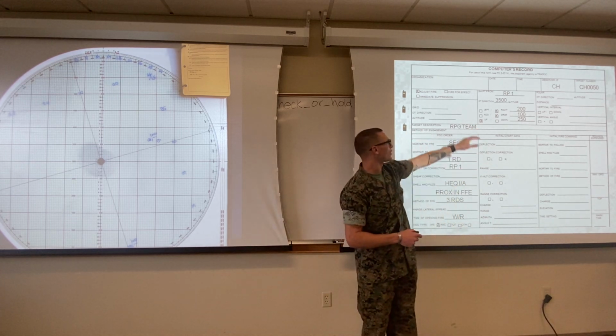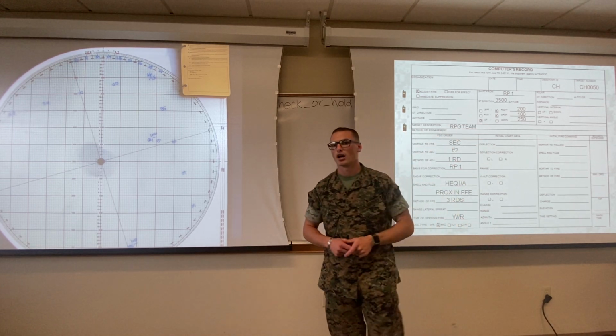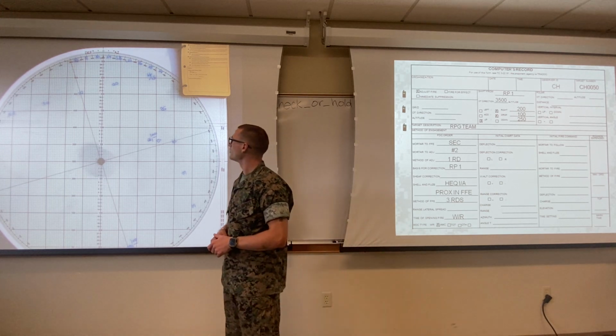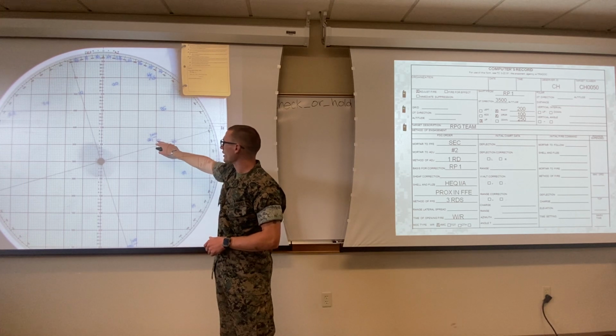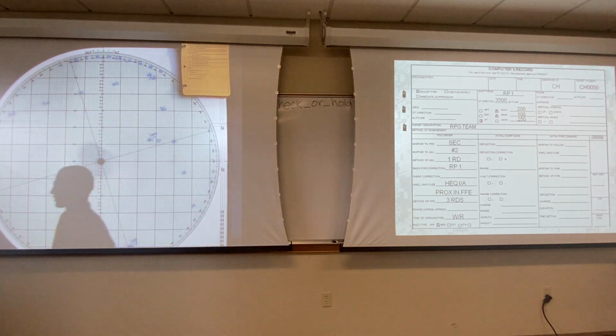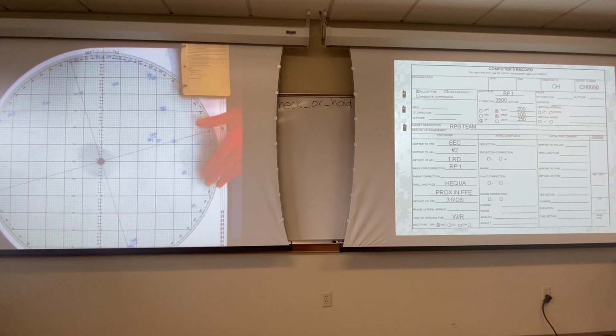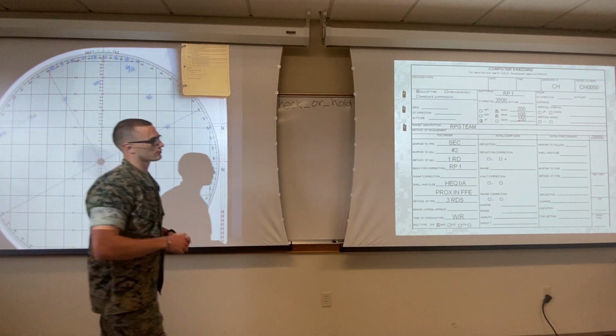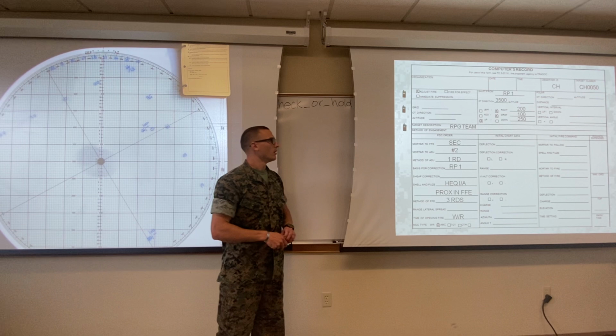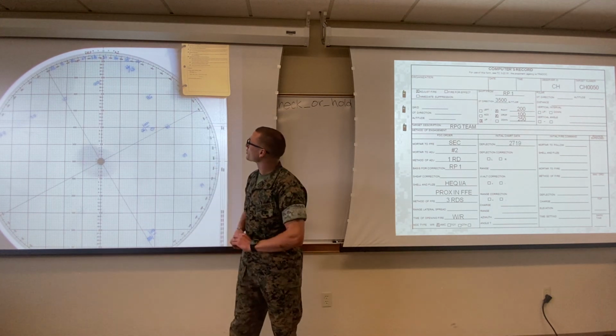All right, so that would be based off of our RP altitude of 1070. So I've applied these corrections already. Once I have those made, now I can go ahead, parallel plot with my mortar position, and obtain my chart deflection. So I get a chart deflection of 2719.